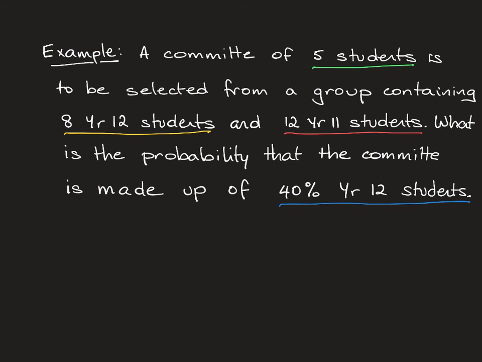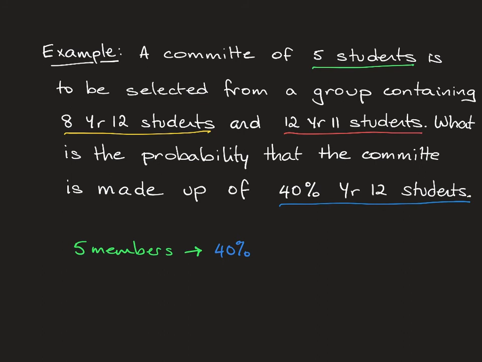Okay, so let's have a think about our committee. We have 5 members. Of those 5 members, we need 40% to be Year 12. So what's 40% of 5? I hope you're yelling at me that it's 2.